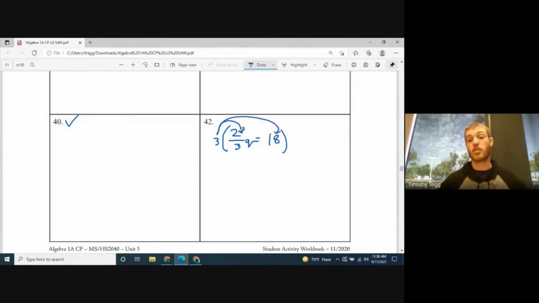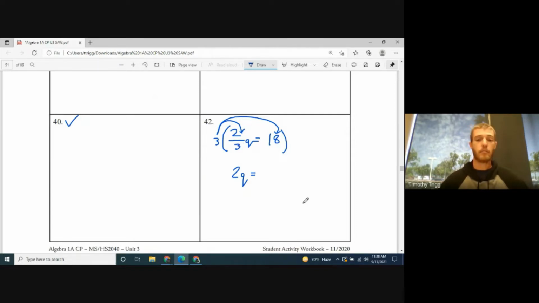That 3 gets distributed to everything in the equation. When you multiply this fraction, this 3 cancels with the denominator here, so that's going to leave you with 2q. You still have that numerator and you still have that q also. Just the 3 cancels with the denominator here.